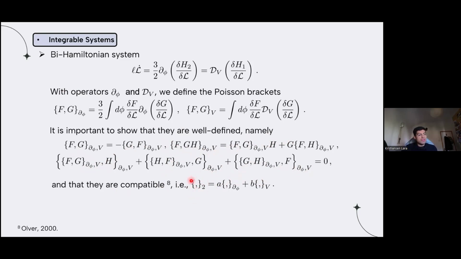So basically, to find these operators here seems a somewhat easy task. Nonetheless, as a second example, I am going to show you a different integrable system, and it is very difficult to find these differential operators that allow you to define well-defined Poisson brackets that fulfill these properties and also that they are compatible. It is a very non-trivial task.